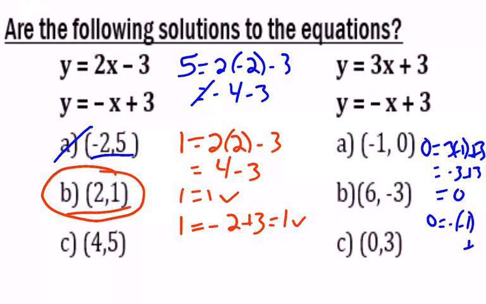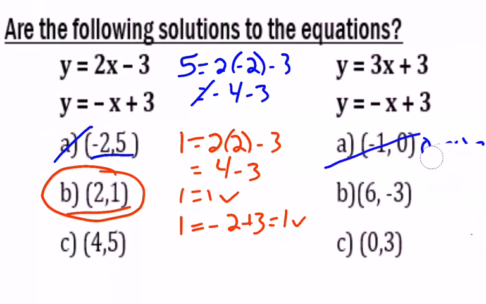Let me erase that and write that a little bit clearer. But you might have already noticed this is definitely not going to be true. 0 does not equal the opposite of -1 plus 3. So I know it's not that equation.